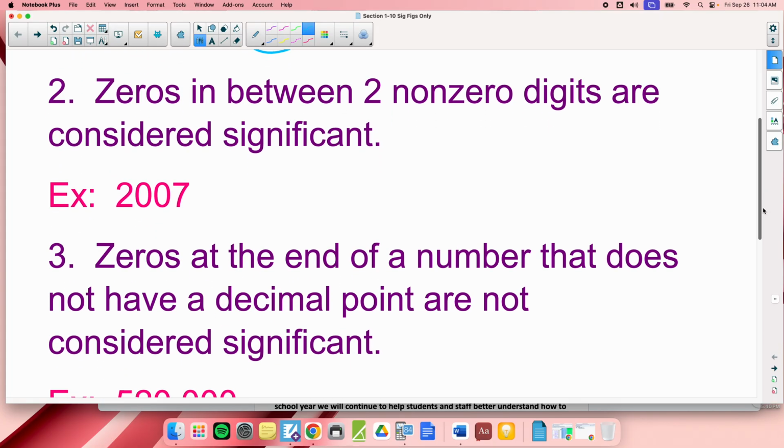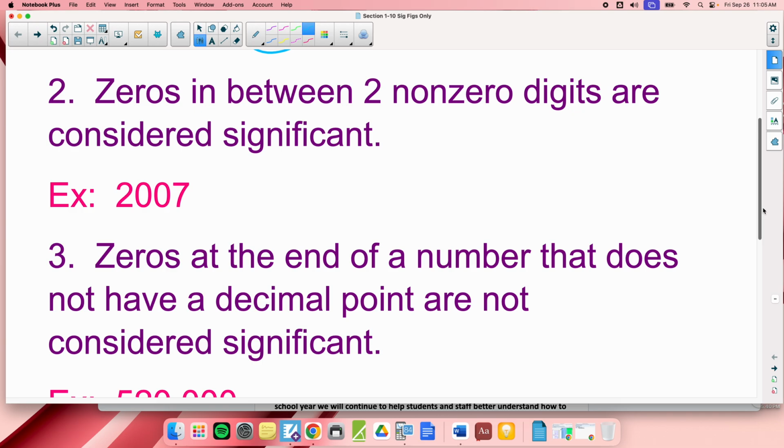So what we have to decide is, are these zeros significant or are they not? The first rule with zeros is, if you ever have any amount of zeros in between two numbers that are not zero, they are significant. So here I have 2 zeros, they're between a 2 and a 7. That means we count all of them.